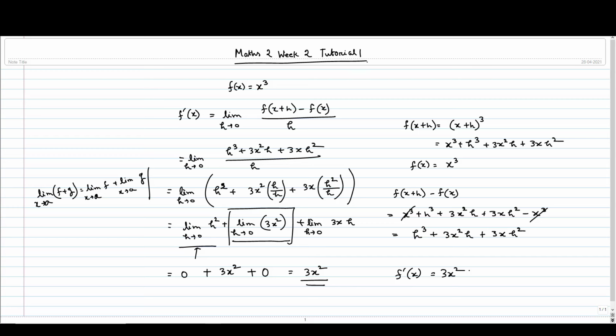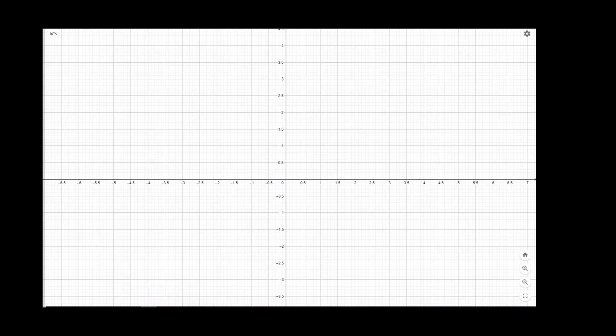Now let us try to visualize this in a graph using GeoGebra. The graph of f(x) equal to x cube will look like this. Now if we want to see how the slope of the tangent behaves for this curve, we can see this.